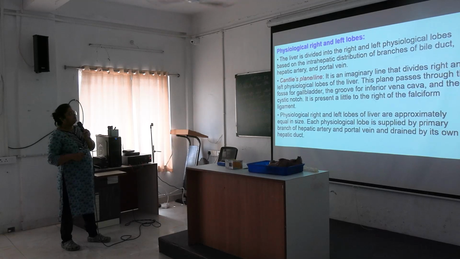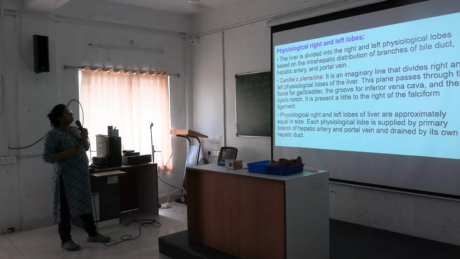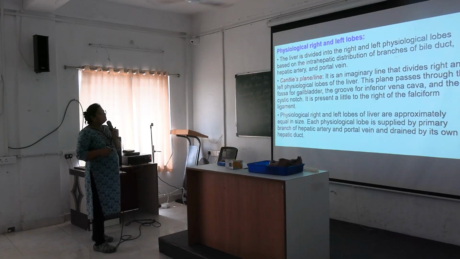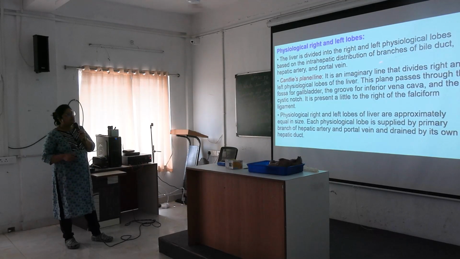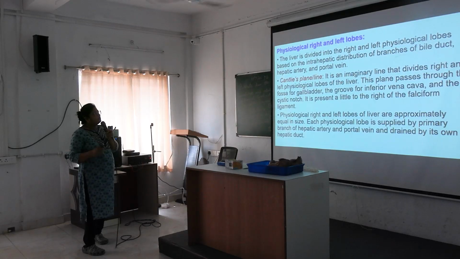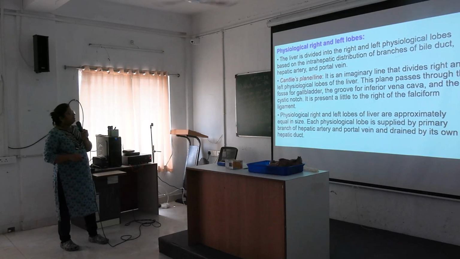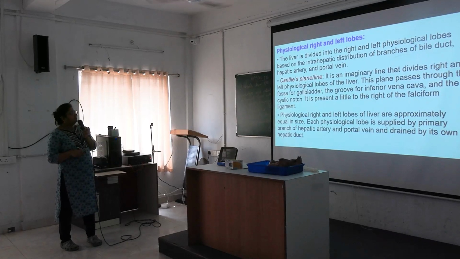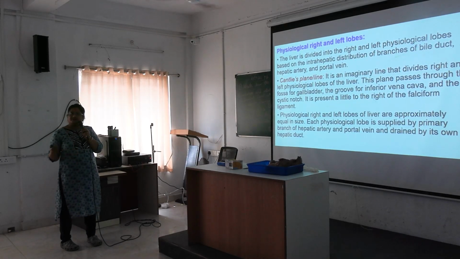Next are the physiological right and left lobes. The liver is divided into right and left physiological lobes based on the intrahepatic distribution of branches of the bile duct, hepatic artery and portal vein. This division is made by Cantlie's plane or Cantlie's line.